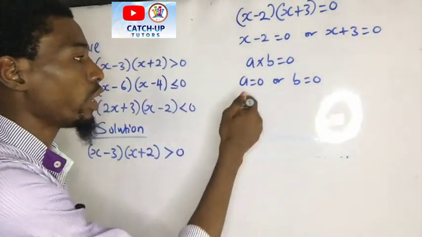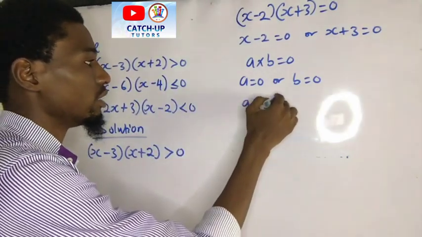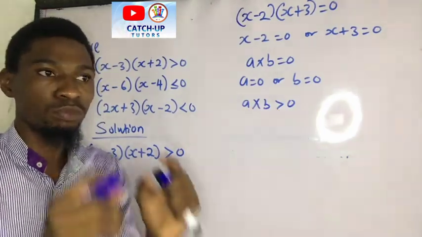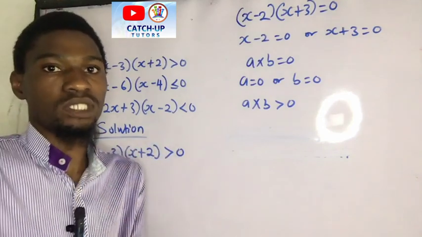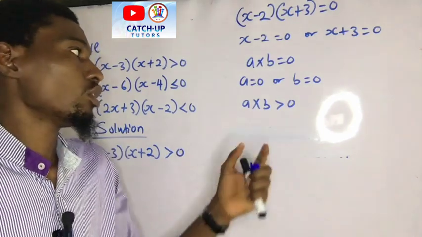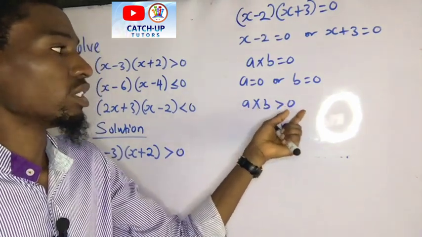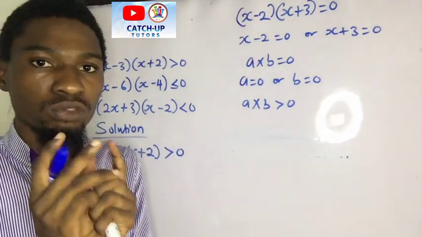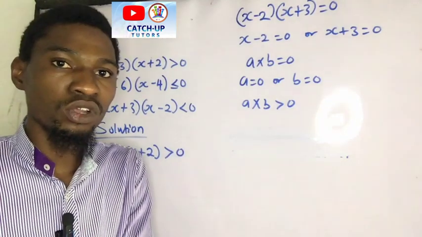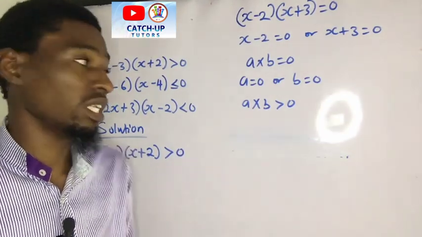The same case applies for when a times b is greater than 0. For a times b to be greater than 0, the product of two numbers must be positive. Numbers greater than 0 are positive numbers. So both numbers must be positive, or both numbers must be negative.